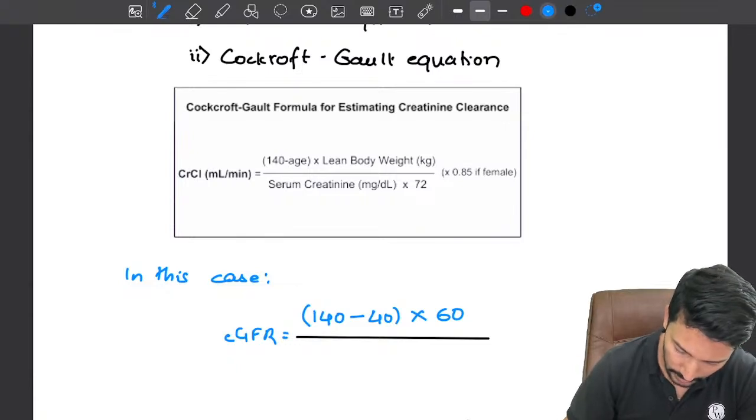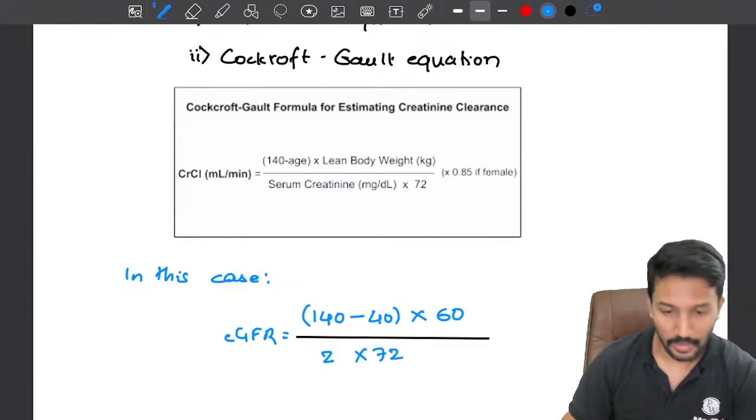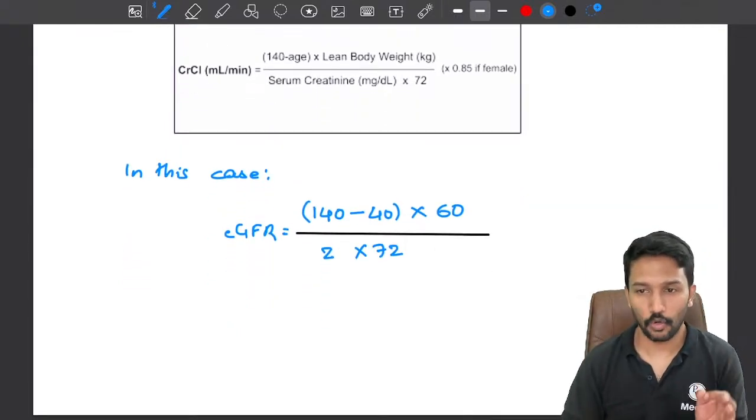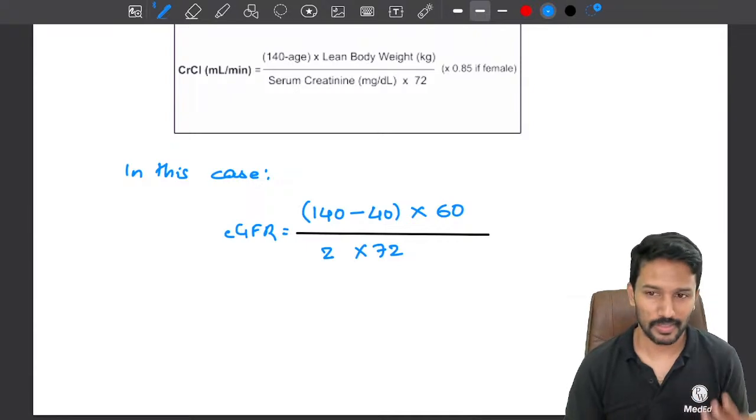So serum creatinine here is 2.0 or 2 milligrams. So let me keep it as 2 into 72. I would have multiplied it with 0.85 if it was female. Because this patient is male, I'm going to keep the formula as it is.